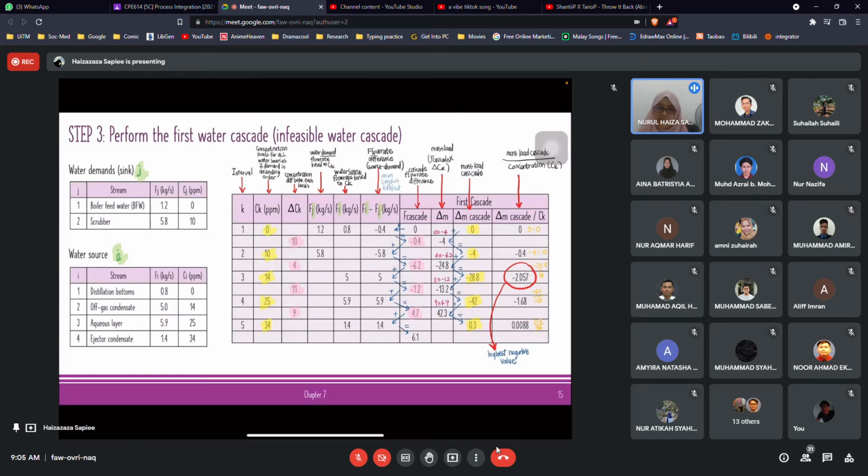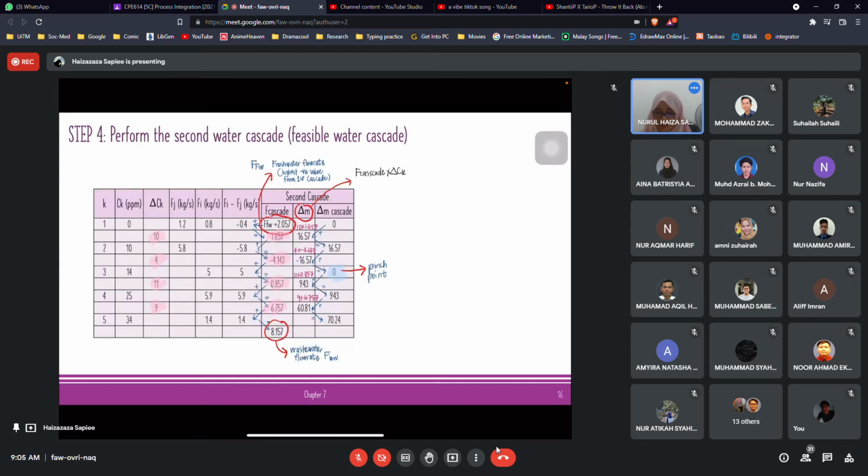So this highest negative value would be your starting point for your second cascade. So from there we can start our next cascade. So remember, same as PTA, you're going to start with that FFW, that fresh water. It will become your fresh water flow rate, but you just start with that value, same as the QH min we did before. Add negative 0.4, you get the values and then you add again. So you do the next cascade until you get that last value.